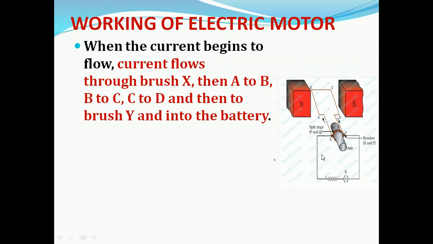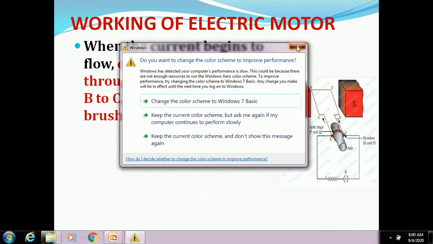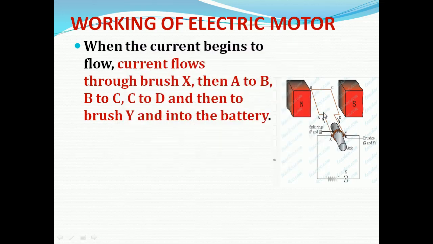When the current begins to flow from the battery, first the current flows through brush X. From X it passes to the coil wire, from A to B, then B to C, then C to D, then to brush Y and into the battery. This is the normal flow.